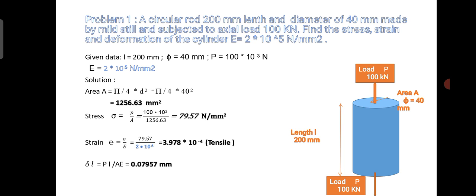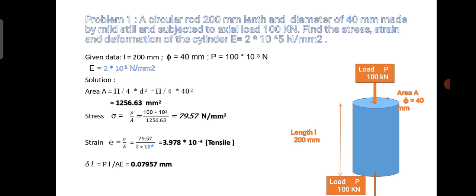The diameter of that rod is 40, which is also mentioned on the figure and in the given data. Then it is subjected to an axial load of 100 kilonewton. The axial load must be along the axis, or parallel to the axis, or on the axis.